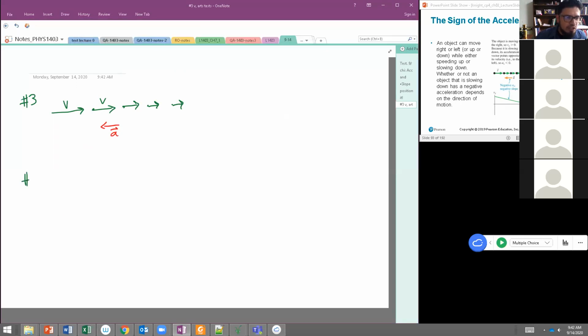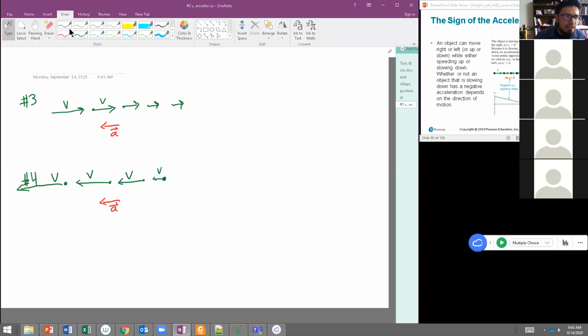You can have another situation where you start off from the other end, but now you are making your velocities more and more negative. So the magnitude is changing and it's getting really big, but in a negative direction. In this case, because you're making the velocity grow in that direction, the acceleration has to be in that direction to help it get larger.